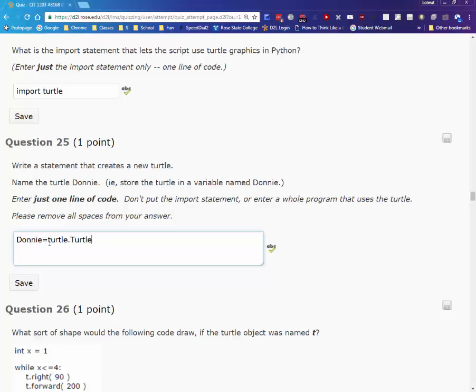And if there were other permutations of it, like turtle parentheses, something like that, that's not correct. The syntax is your variable name is equal to the class name, what you imported, followed by the dot, followed by Turtle with a capital T, and the parentheses to create your turtle.